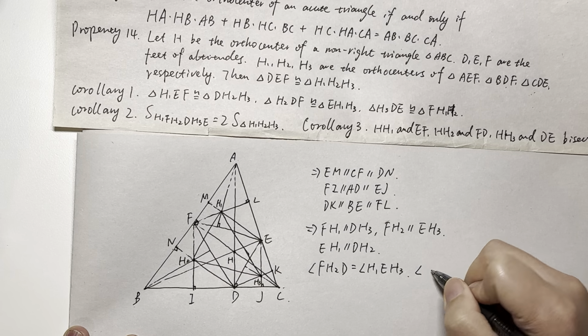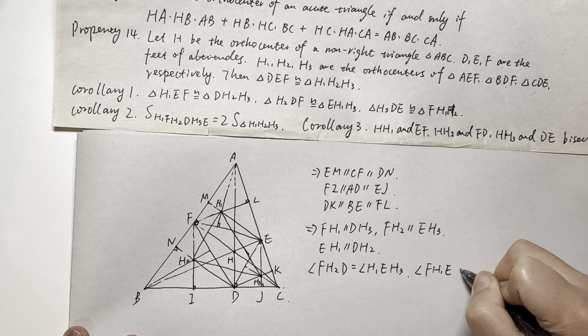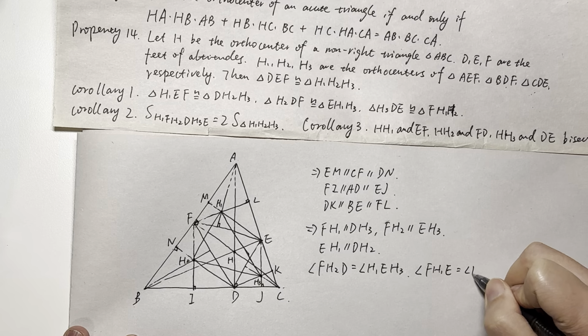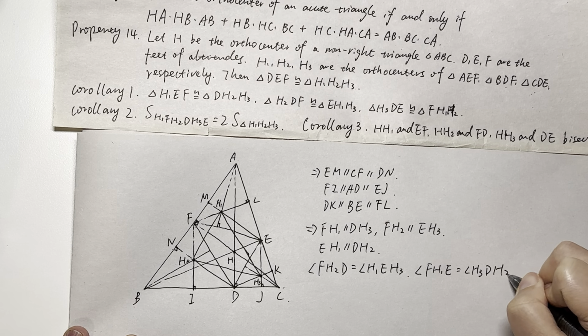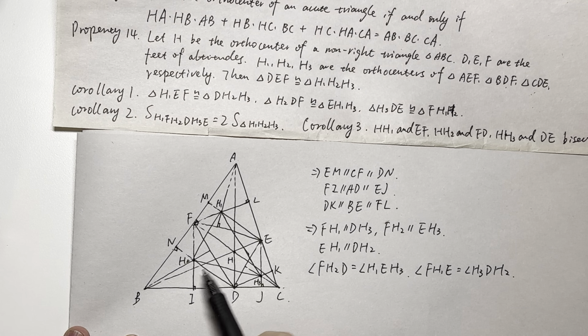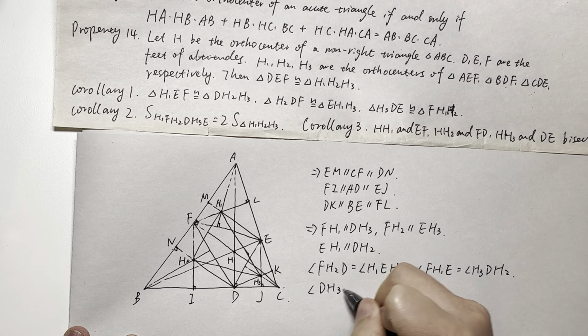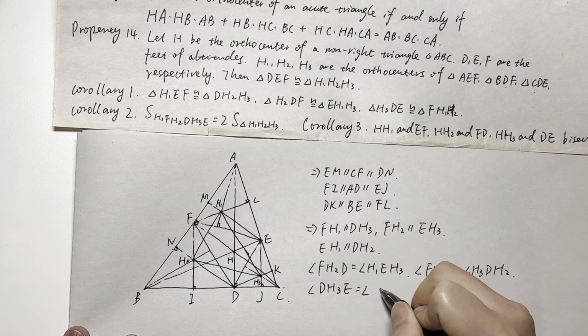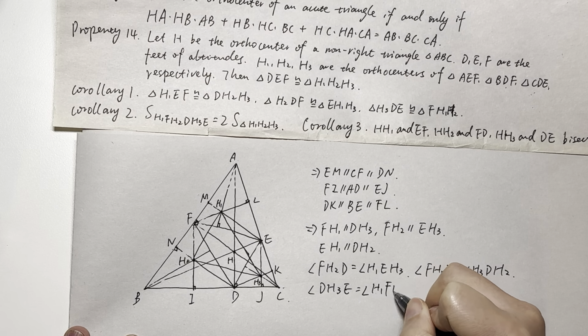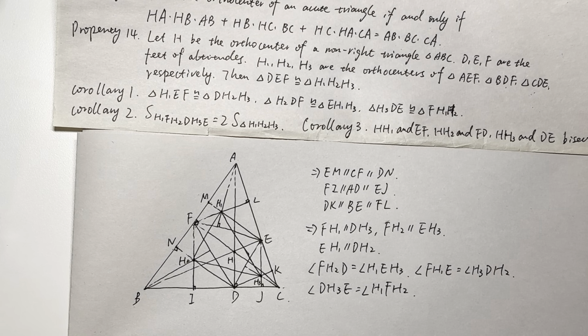And angle FH1E equals to angle H3DH2. So this one equals to this one. This angle equals to this angle and this angle. Angle DH3E equals to angle H1FH2. Right?